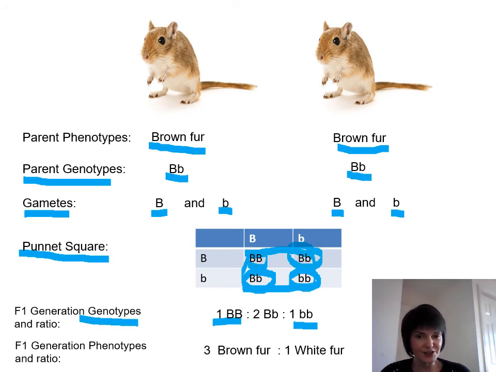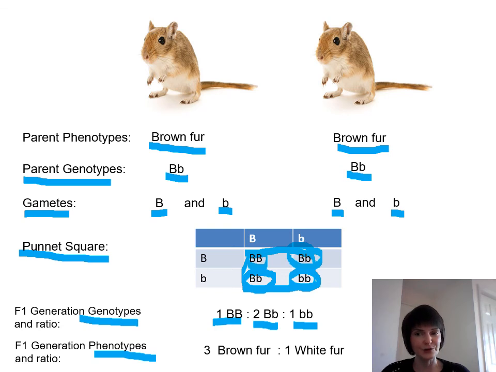Again, it's letters. And the phenotypes, what they are physically going to look like: we have got three browns because we've got two big B wee bs and one big B big B. So three of them are going to have brown fur and one of them is going to have white fur.